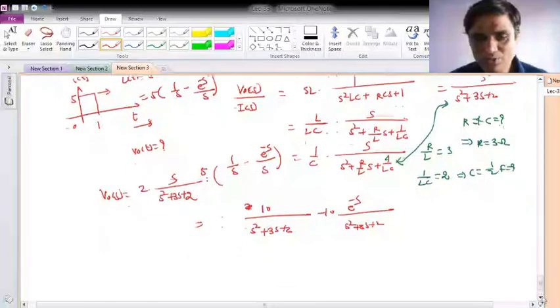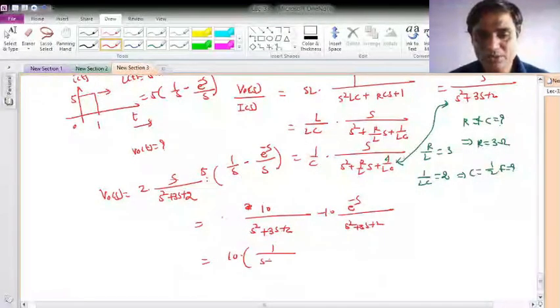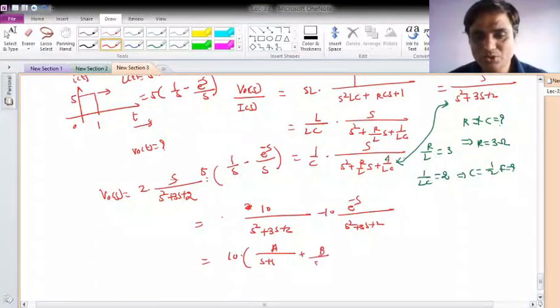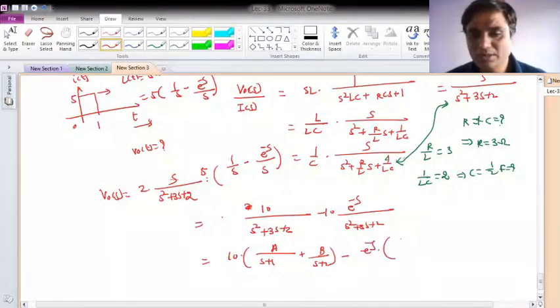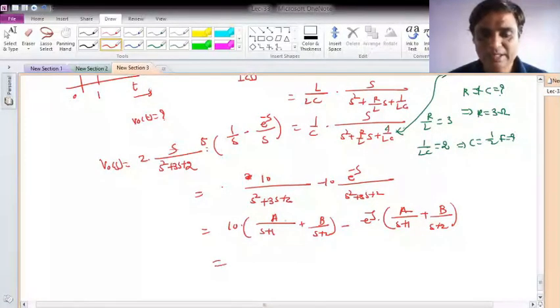I know the roots for this, so it is a over s plus 1 plus b over s plus 2, minus the same with e raised to minus s. I can calculate a and b very quickly, and then take the inverse.